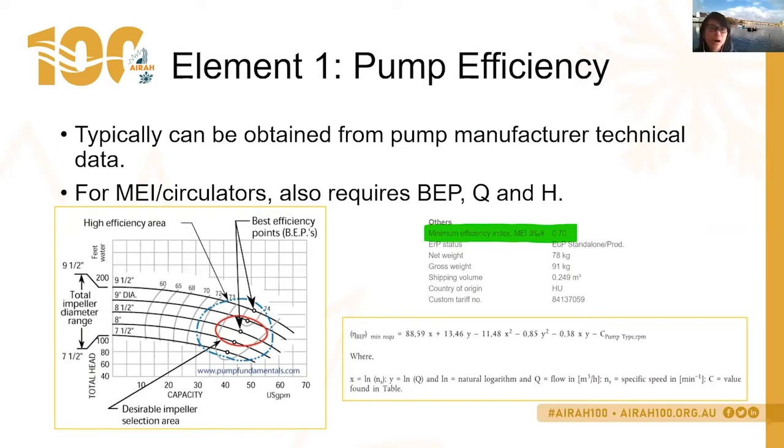Obviously, where you are using a variable speed application, you would still be using the BEP corresponding to 100% speed and at the top line of the pump curve. On the bottom right here, I've just shown you a snapshot of the formula taken from the European standard.